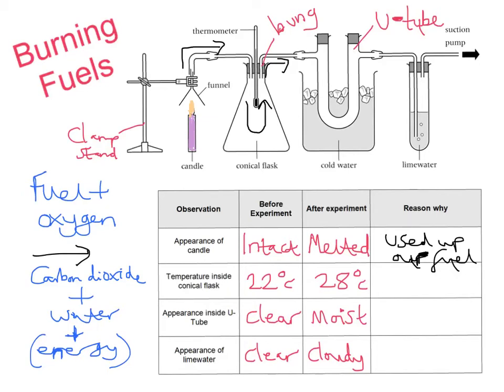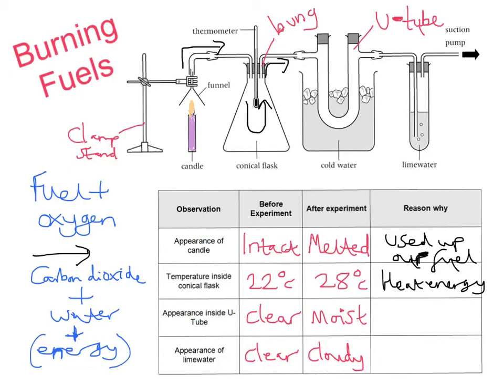It would have provided more kinetic energy to the particles inside that conical flask. So it would have transferred the heat energy to the particles within the flask, so the thermometer would show a greater value. So the temperature inside the conical flask appears to rise because we are producing heat energy. So heat energy is the reason why the temperature rises in that conical flask.